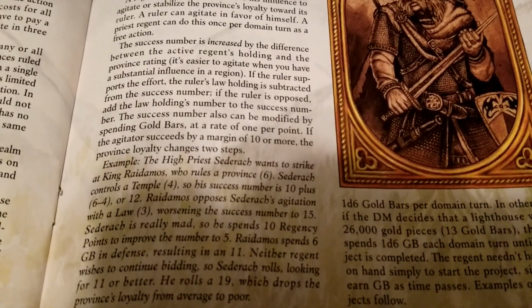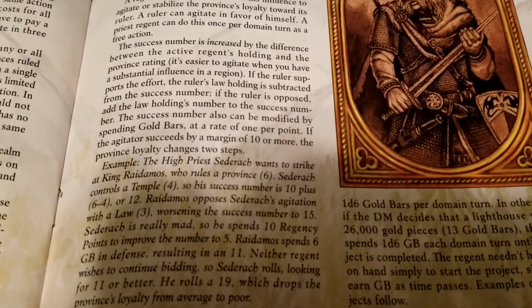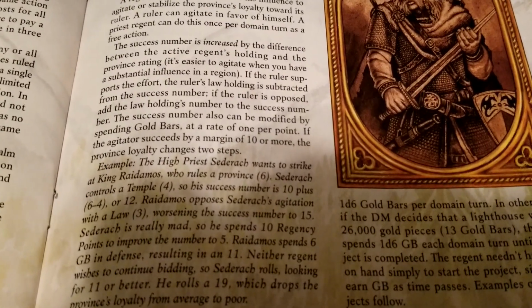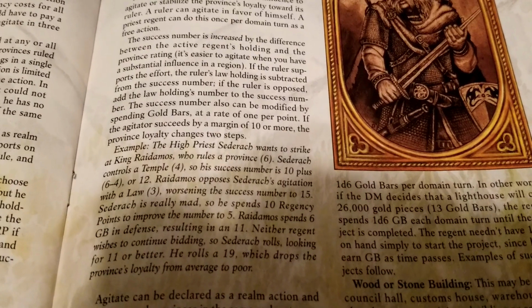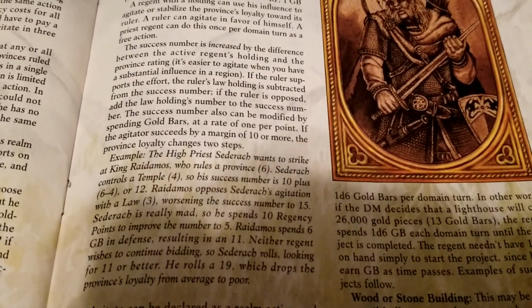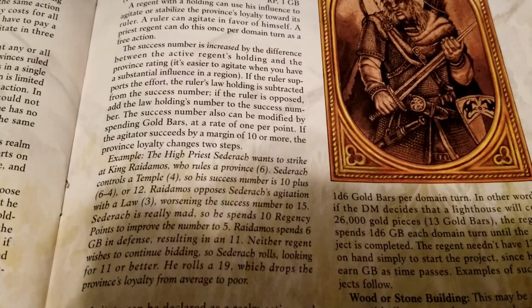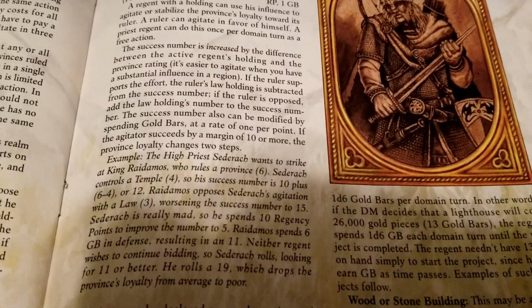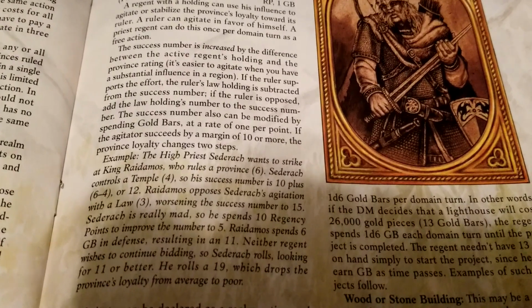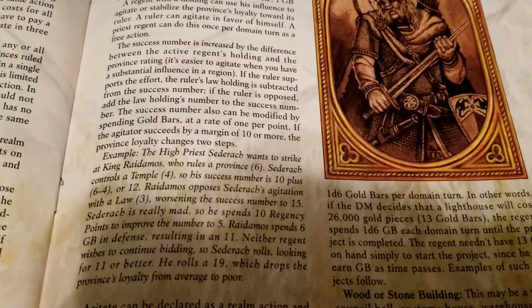If the agitator succeeds by a margin of 10 or more, so again, if you really want to invest in this action, the province loyalty will change by 2 steps, right? And that is significant. We haven't really covered that in detail yet, but taking a province from supremely loyal to, well, there's some discontent brewing, or the discontent is already there, to outright rebellion.